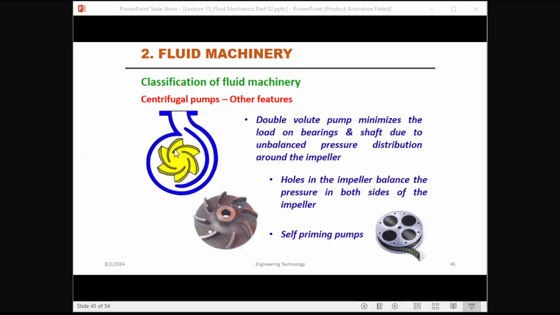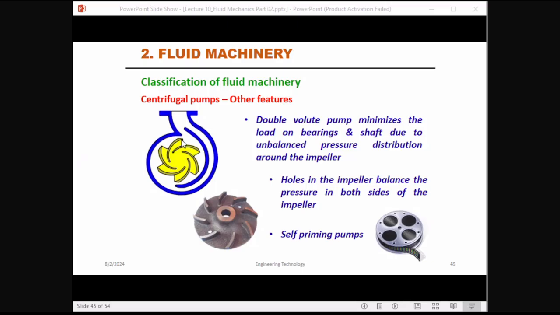By balancing the pressure on both sides, the double volute pump reduces the axial thrust exerted on the pump shaft and bearings.